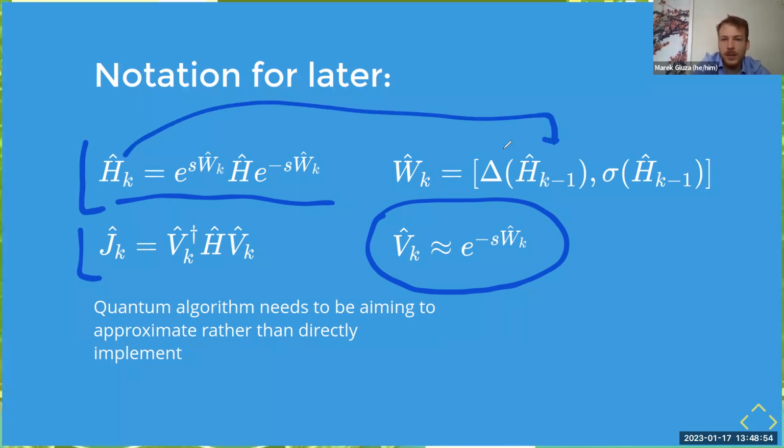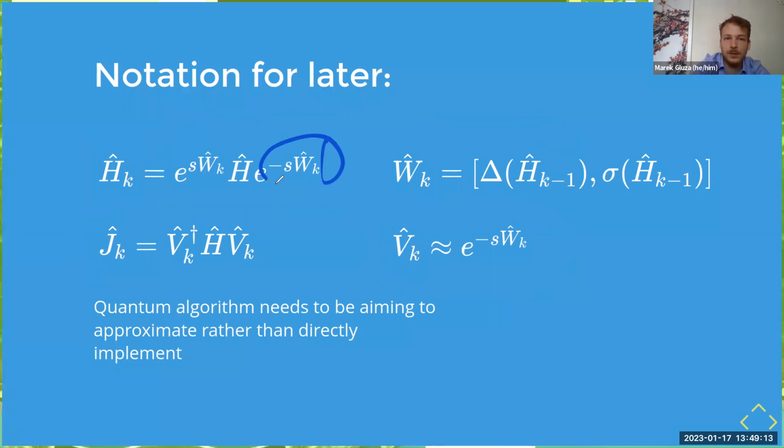So HK is defined through HK minus 1, because you can view HK as a rotation of HK minus 1 using a new updated generator. So you can always leapfrog forwards. It's a recursive prescription. So this is for the exact use of the bracket. There's a typo here. There should be a K.